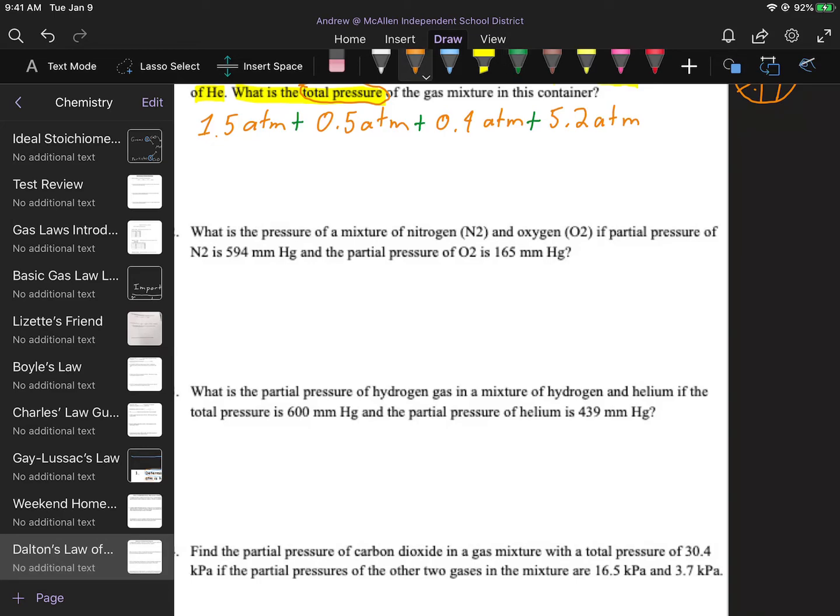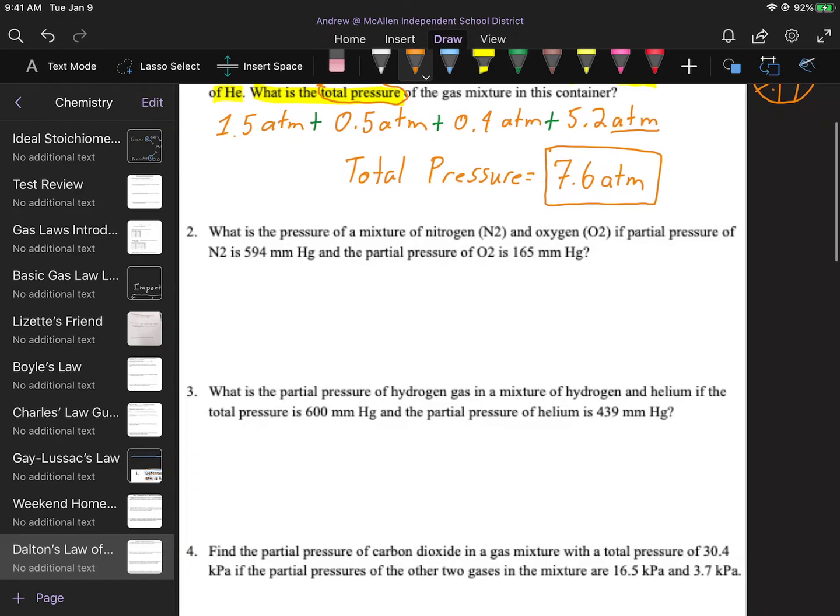So our total pressure is equal to 7.6. Oh wait, no naked numbers. Our unit is atmospheres. 7.6 is just a number. 7.6 atmospheres is a pressure. Dalton's law of partial pressure is pretty easy.